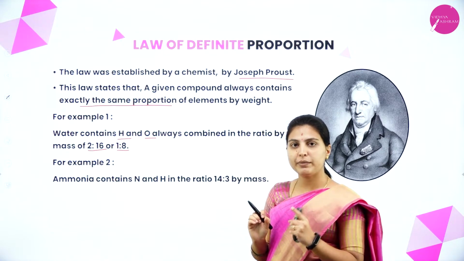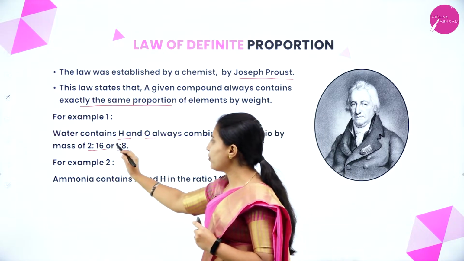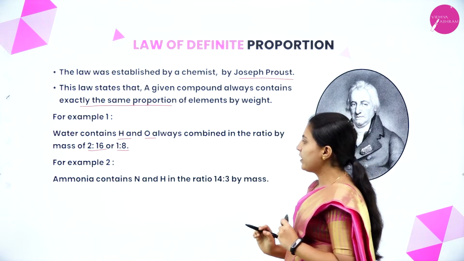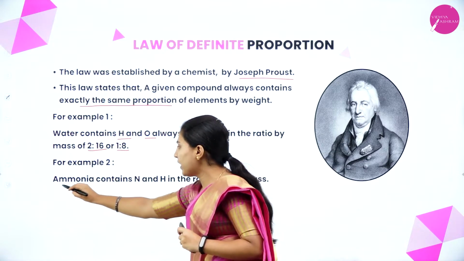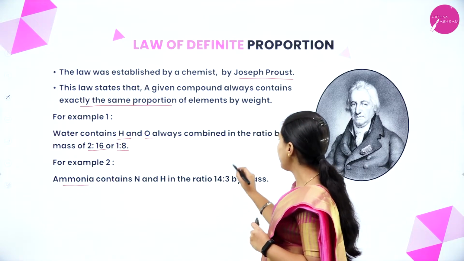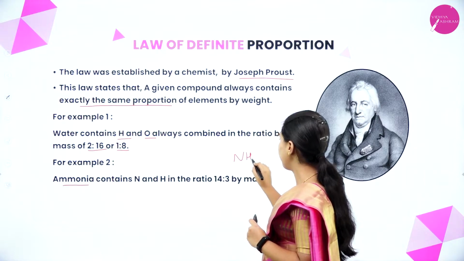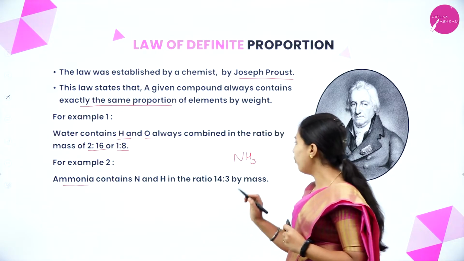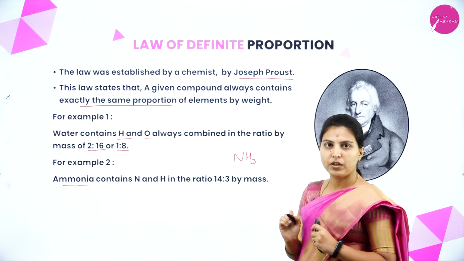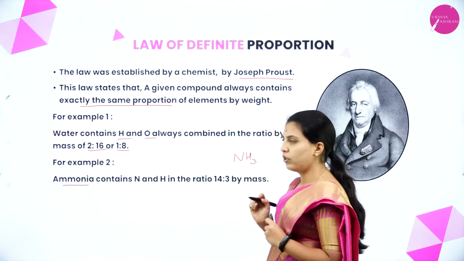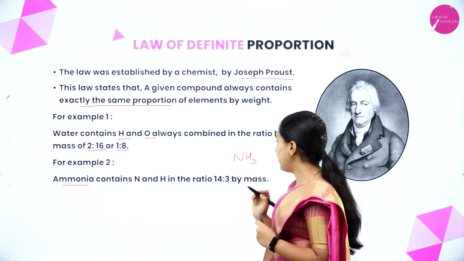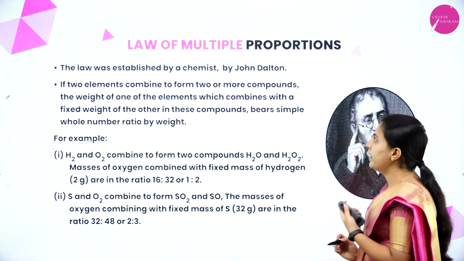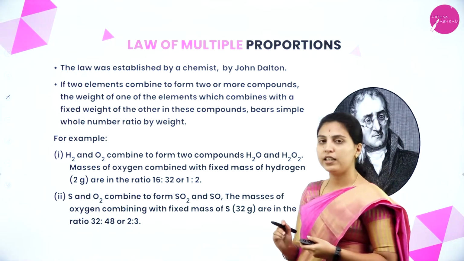Another example, ammonia, NH3, contains nitrogen and hydrogen in the ratio 14:3. 14 is the mass of nitrogen, 3 is hydrogen. 14:3 ratio.